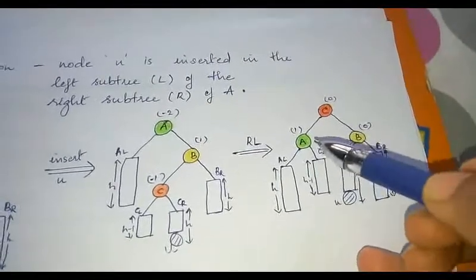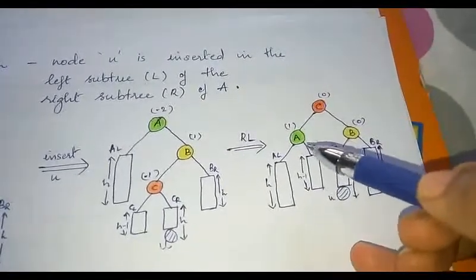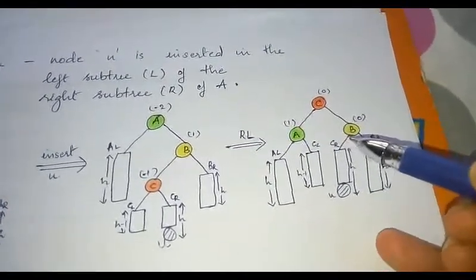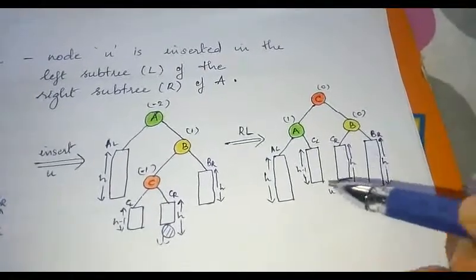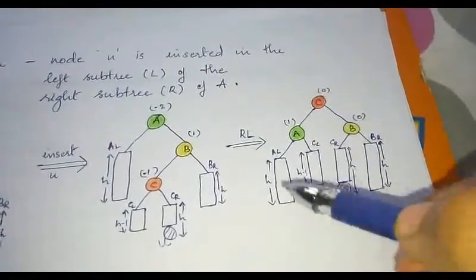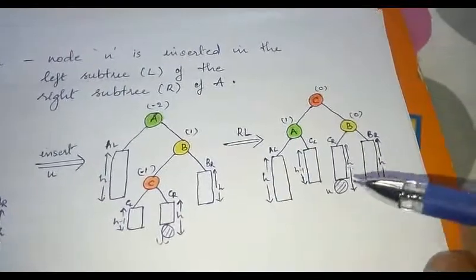That means CL becomes the right child of A and CR becomes the left child of B. Now the tree has become a balanced AVL tree.